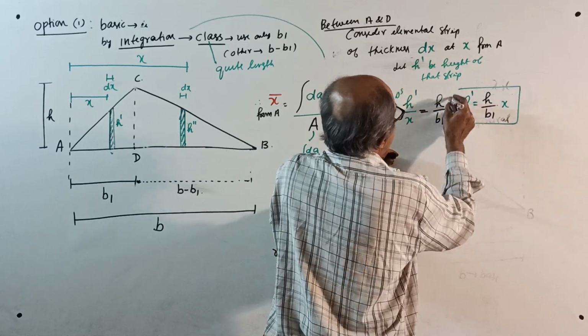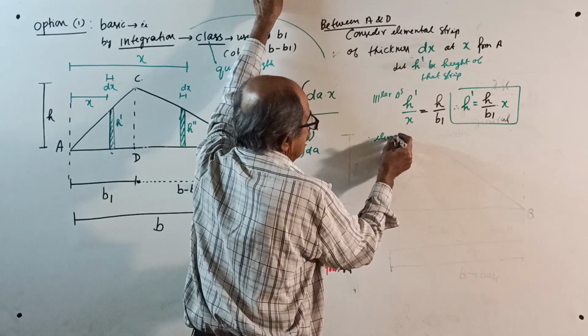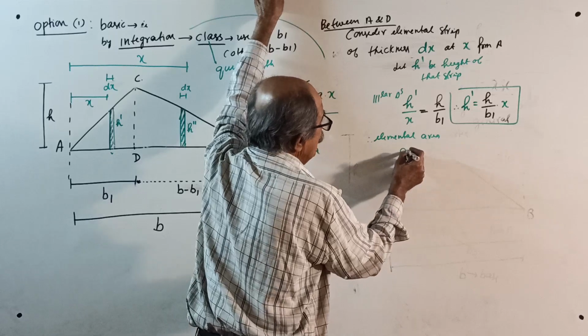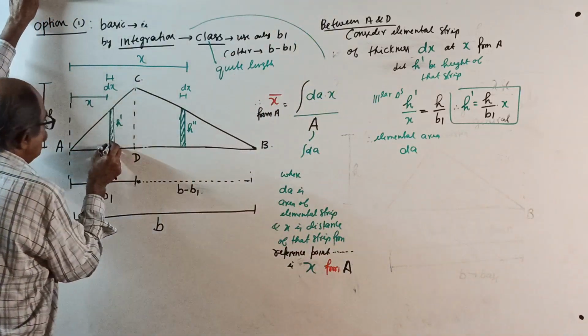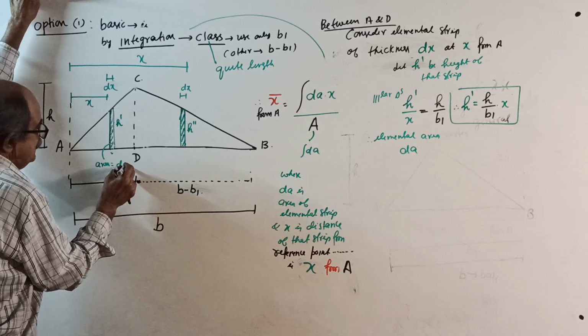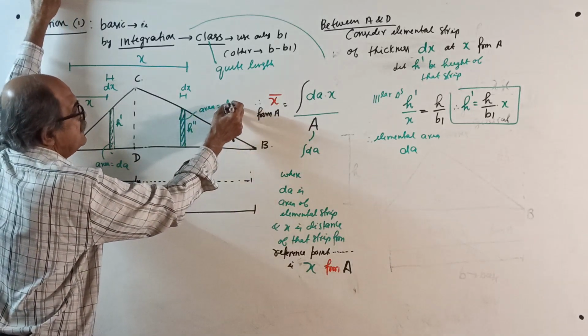This is h dash. Therefore, the elemental area is dA only, no dA1, dA2. Everywhere the area is dA only.